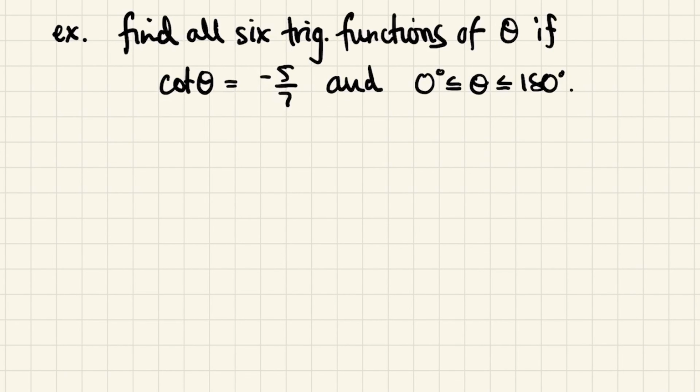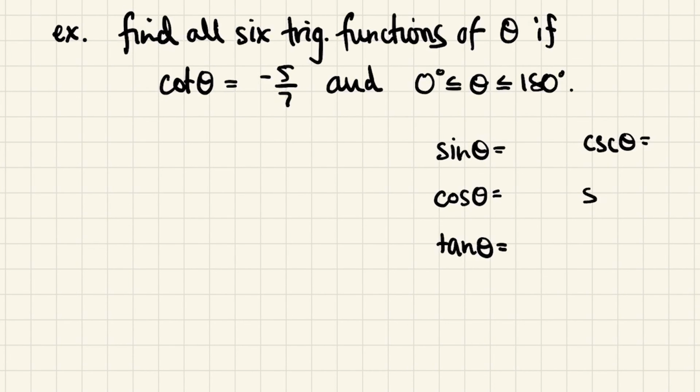So first of all, let's make a little area for our final answer so we can keep track of what we know and what we don't. Sine, cosine, tangent, cosecant, secant, and cotangent are what we have to figure out, and we already know cotangent is negative 5 over 7, so look, we're a sixth of the way through solving this problem already.